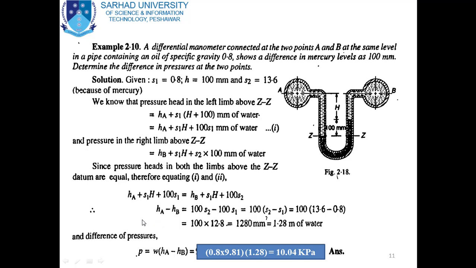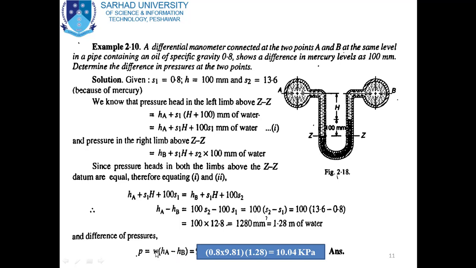So this is the difference of head between these 2 points A and B. Now to find the difference of pressure between the 2 points, we have the formula P is equal to omega H. Since H is the difference between the 2 points, put the value of HA minus HB.